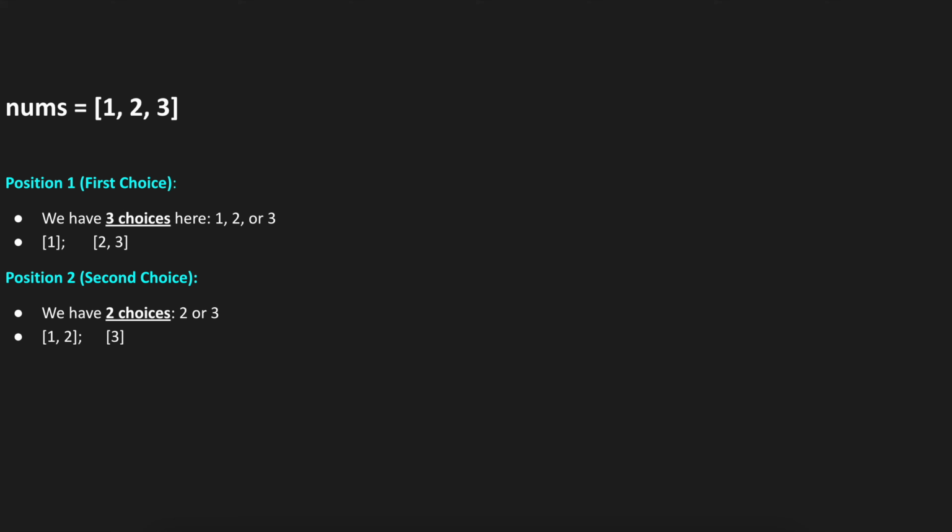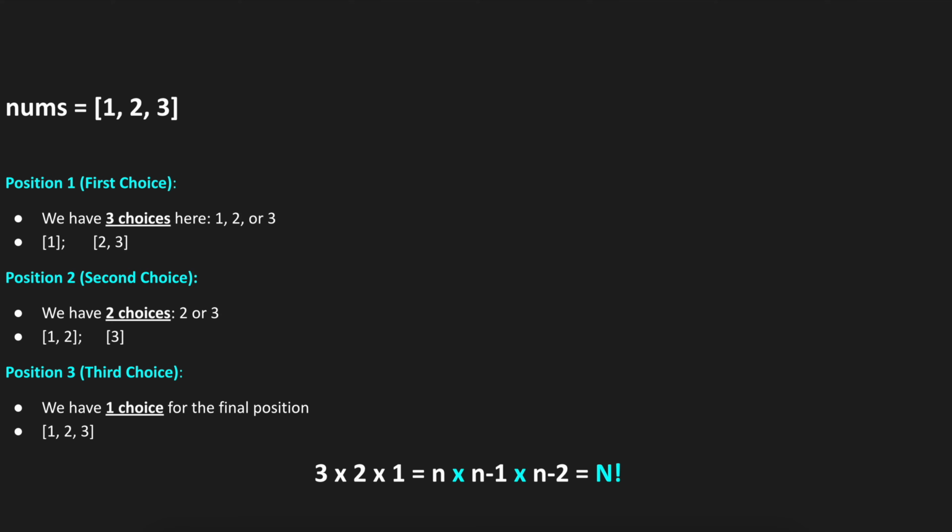And for the third position, we can make only 1 choice, which leads us to our time complexity in this case being 3 multiplied by 2 multiplied by 1, because we can make 3 choices at the first step, 2 choices at the second step, and 1 choice at the last step. That is n multiplied by n minus 1 multiplied by n minus 2, and so on. Which gives us factorial time complexity.